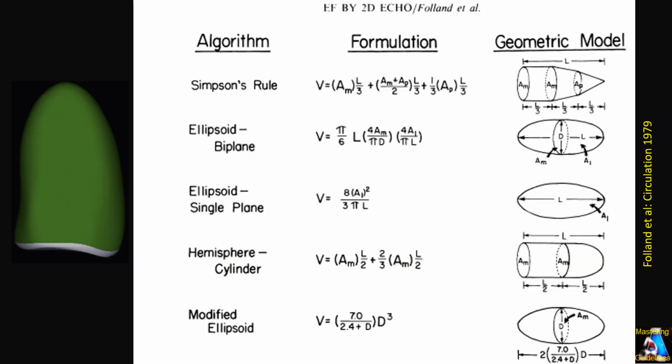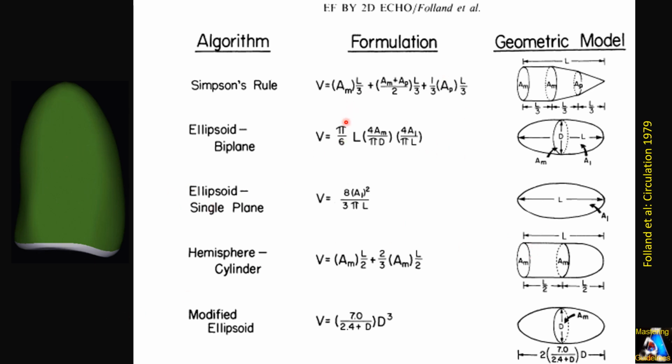As you know, the left ventricle shape is almost conical, hemi-ellipsoid, or almost a bullet shape. Here you can see a 3D image of the left ventricle. Based on math, we have many formulas and equations for measuring the volume of such a shape.